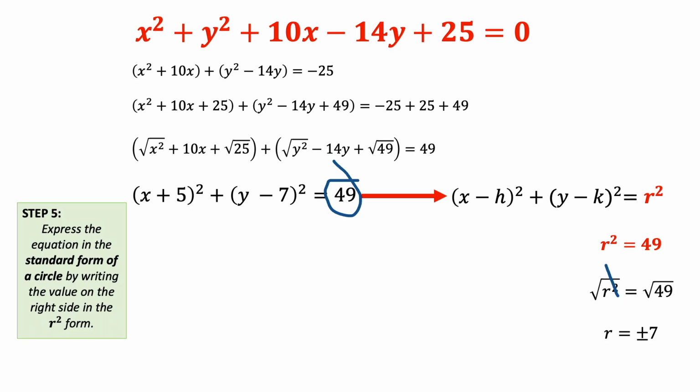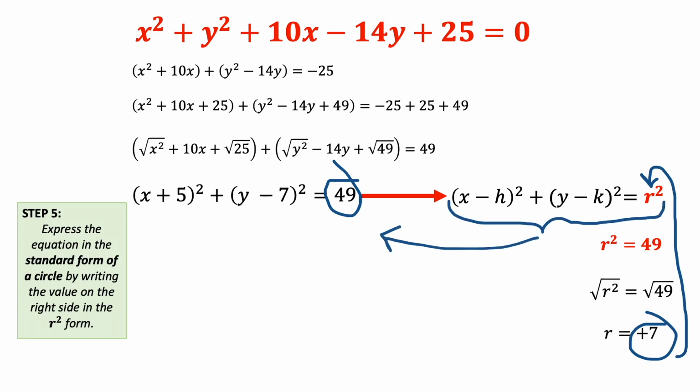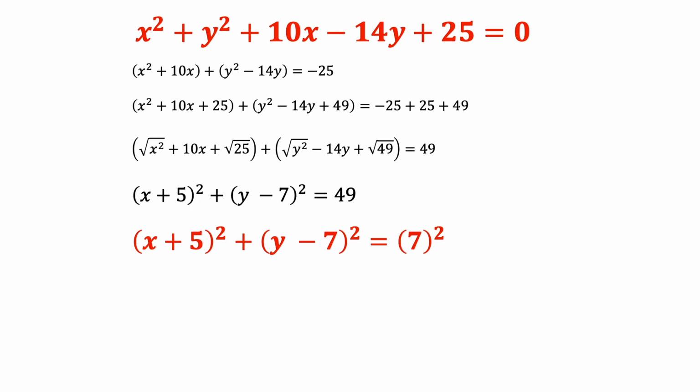Now, since radius is a distance, we will just take the positive 7 and plug it in the standard equation of a circle. Therefore, our equation now is quantity x plus 5 squared plus quantity y minus 7 squared equals quantity 7 squared.